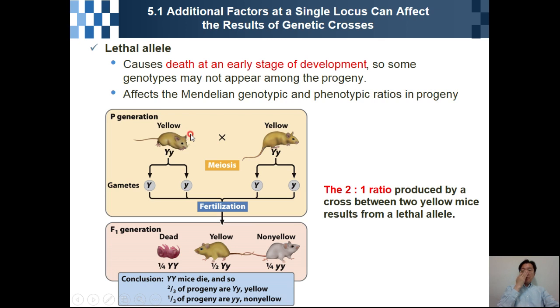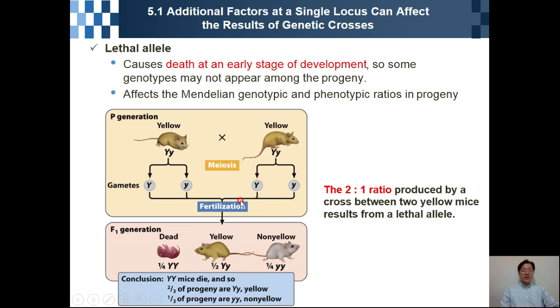In the parent generation, the mouse has the yellow color, and it is heterozygous, large Y and small y. Another mouse is also yellow, and its genotype is large Y, small y. After meiosis, they will each make large Y and small y gametes.